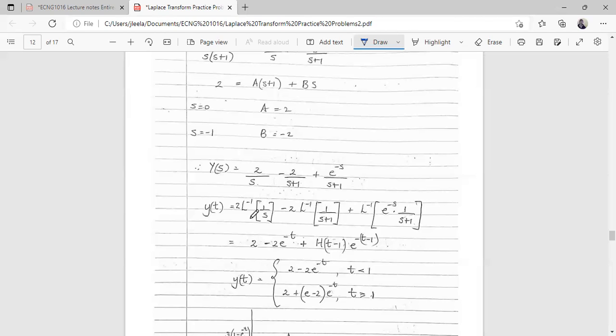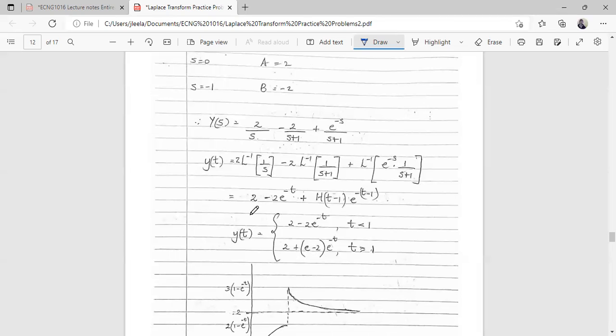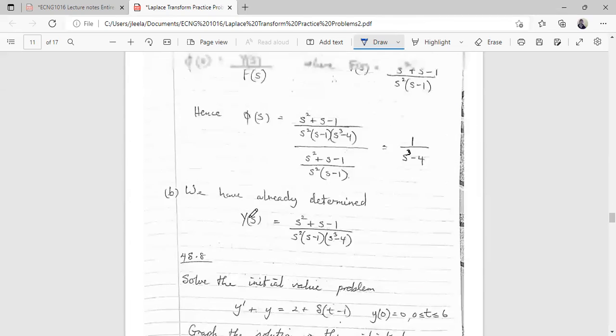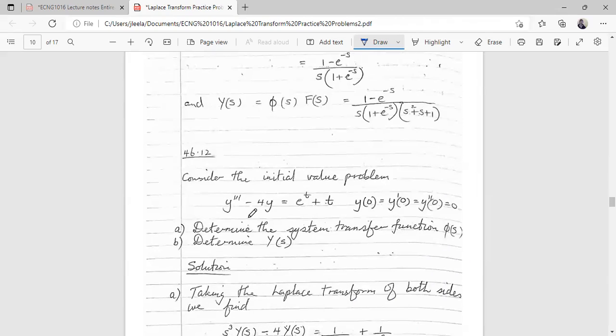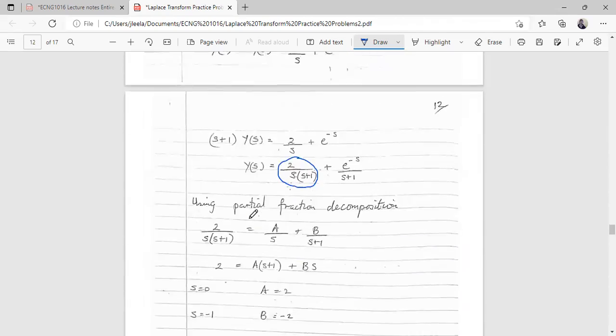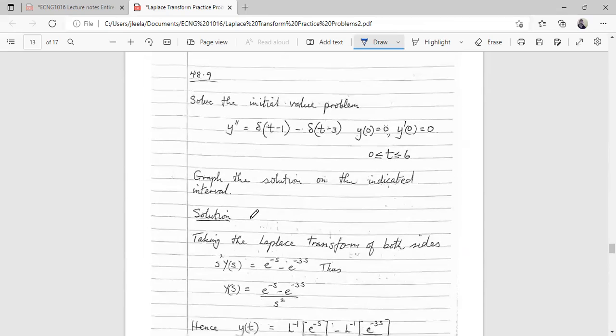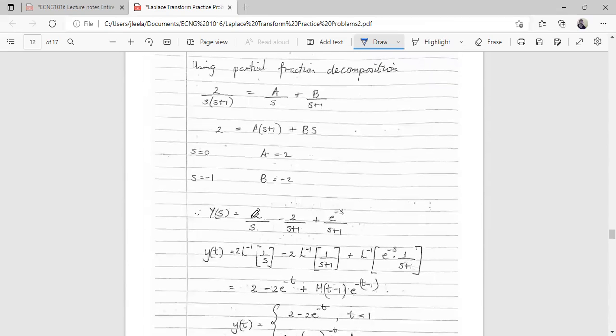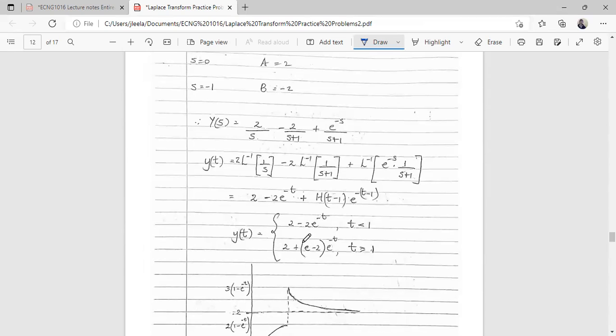So now we could define this Heaviside, right? Because the inverse here, the third part, gives us a Heaviside function. So remember, this here will be 0 for t less than t naught, right? So your t naught here is 1.